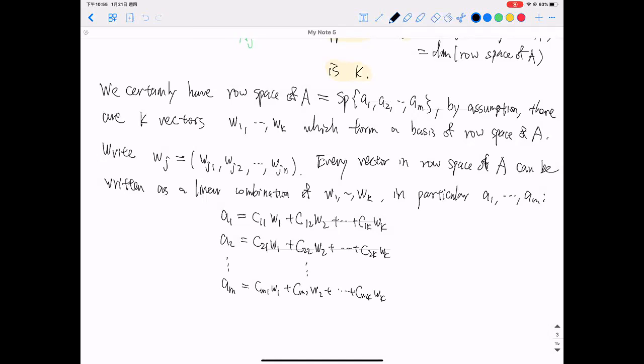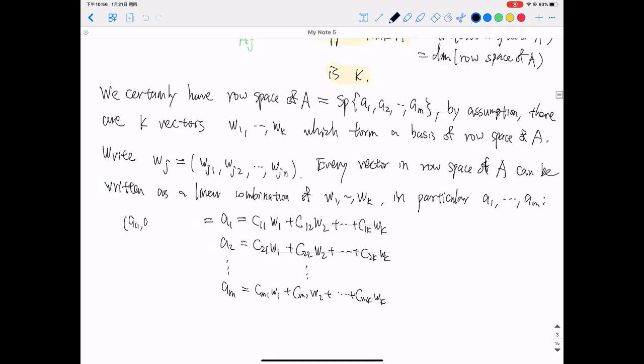Now, keep in mind that this is an equation of row vectors, right? So on the left side, we have the A's. A1 is A11, A12, ..., A1n. A2 is A21, A22, ..., A2n, and so on. AM is AM1, AM2, ..., AMn, right?